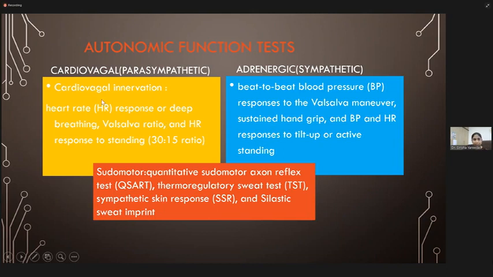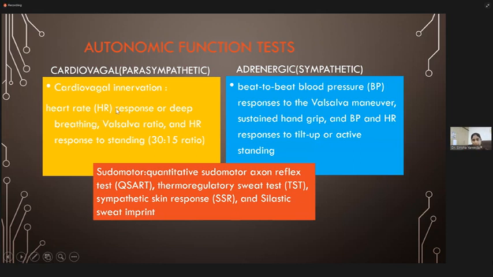So coming to the parasympathetic test, one is any change in the heart rate with any maneuver you do. So one is the deep breathing, one is the Valsalva ratio, and the other one is standing. With the deep breathing, what happens is, normally we all know that there is a normal sinus rhythm. With inspiration, there is an increase in the heart rate, and with expiration, there will be a decrease in the heart rate.